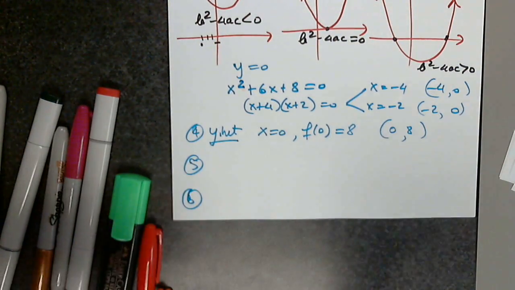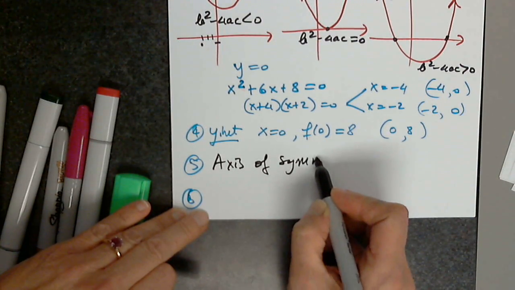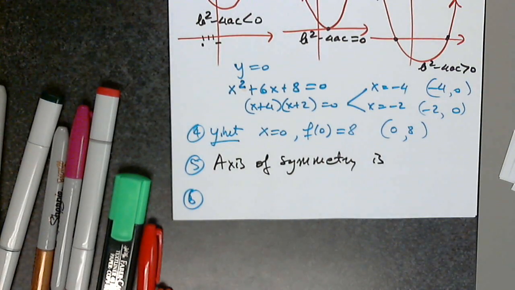What is the axis of symmetry? Axis of symmetry is, remember, the vertical line passing through the vertex. Imagine the point -3, -1, and tell me what vertical line passes through the vertex.